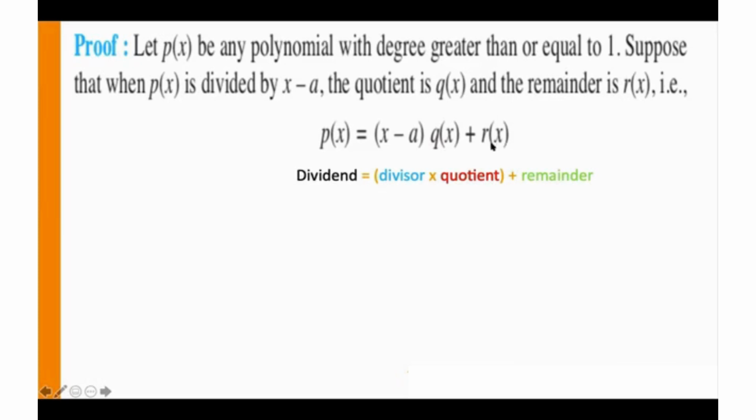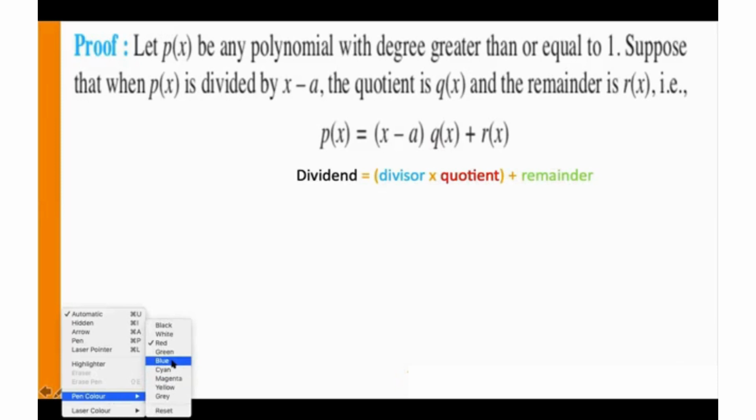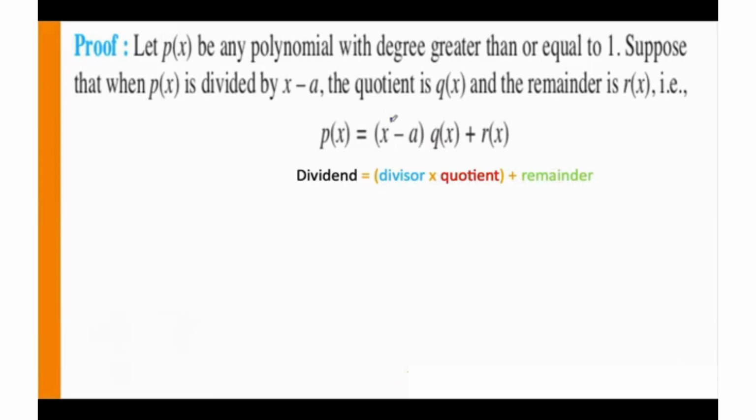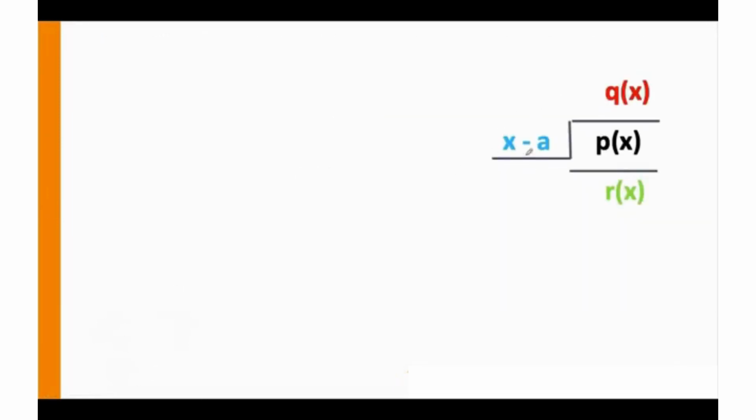Now let's look at what will be the remainder in this case. Since our divisor is a linear polynomial with a degree of 1, we know that the degree of the remainder will be less than the degree of the divisor.